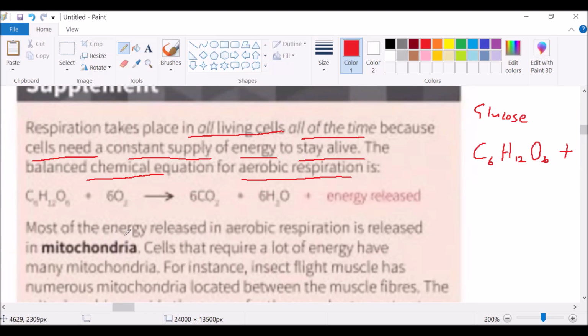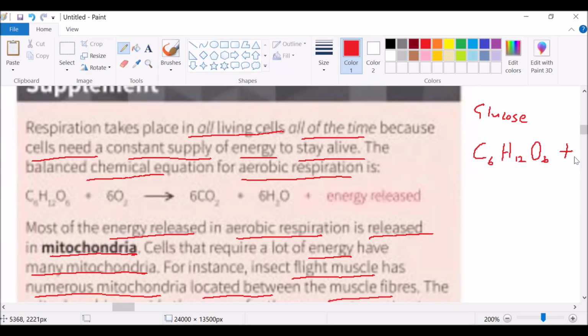Most of the energy released in aerobic respiration is released in mitochondria. Cells that require a lot of energy have many mitochondria. For instance, insect flight muscles have numerous mitochondria located between the muscle fibers.